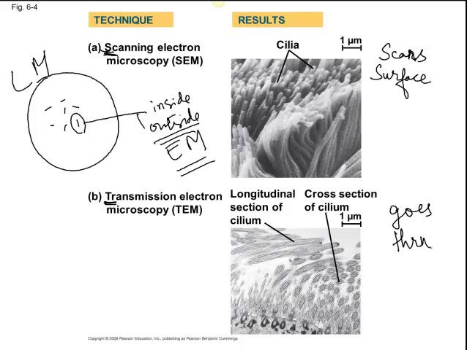So it is sort of cutting or slicing through the sample. It gives you a longitudinal section of that same cilium that you can look at from the outside. So this is the surface of the cell which is giving you the cilium, but this one gives you the section of that cilium that you have cut through. And you can look at the finer details, observe, and make your conclusions.